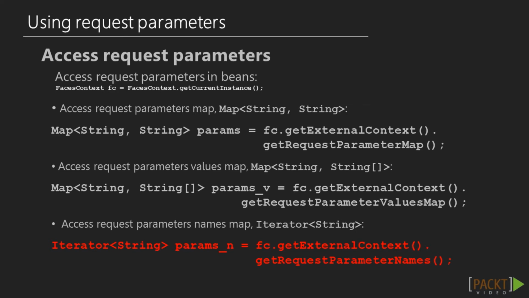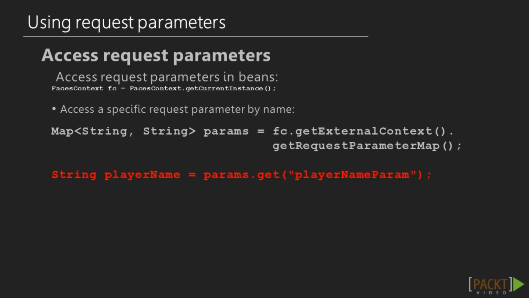And finally, we have the getRequestParameterNames method, which returns an iterator over the names of all request parameters included in the current request. In order to access a specific parameter by name, we can simply call the get method over the request parameters map, as in this example where we extract the value of the playerName request parameter.